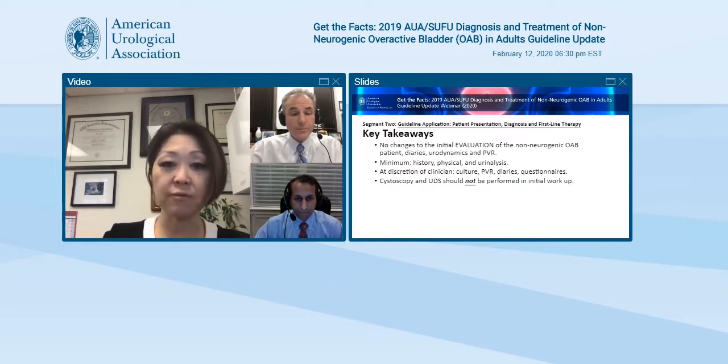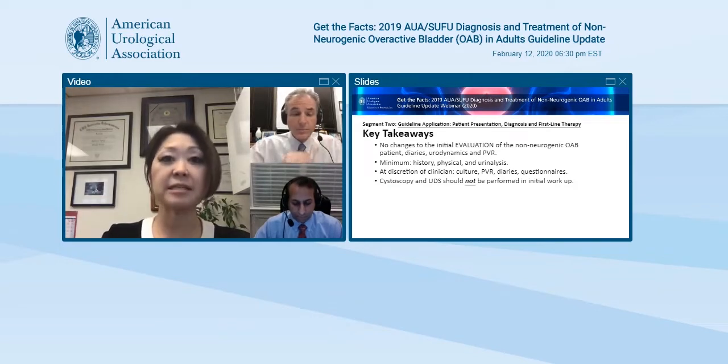So that's additional information. And there was a specific statement that states that cystoscopy and urodynamics should not be performed in the initial workup of the index patient. And so that remains completely unchanged from the initial iteration of the guidelines.